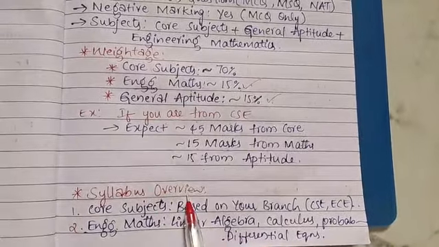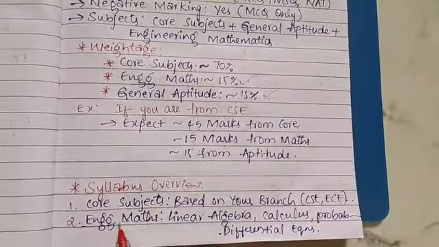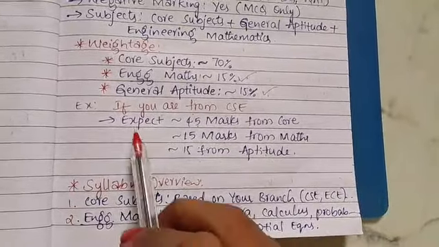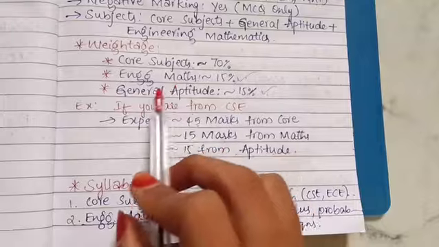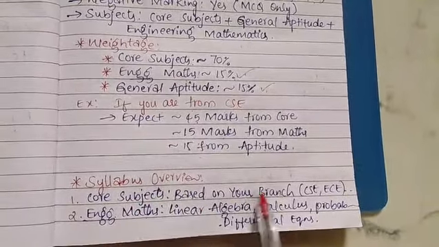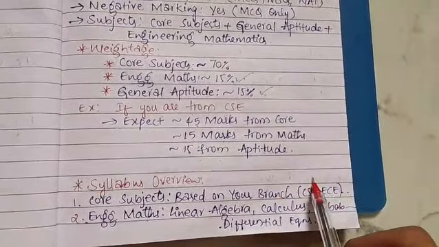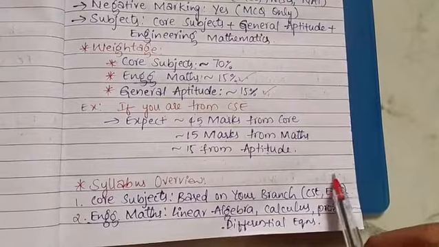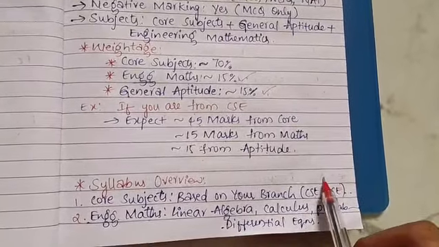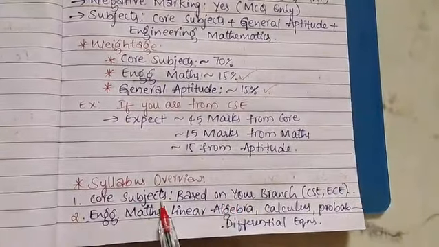And the next is syllabus overview. What are all the syllabus we have? We have core subjects, engineering maths and general aptitude. In core subjects, based on your branch, like CSE, ECE, EEE, mechanical, we have these branches, and based on your branch we have core subjects.